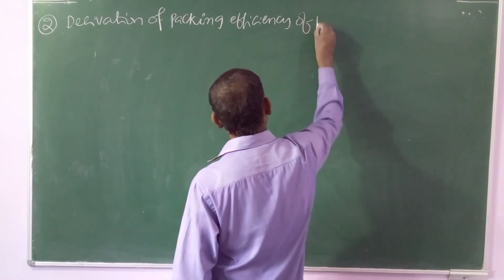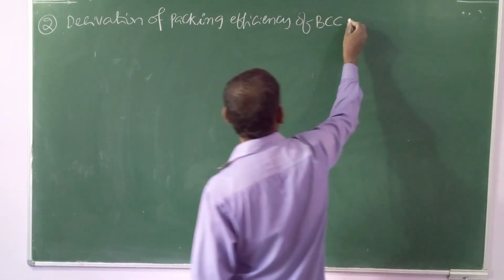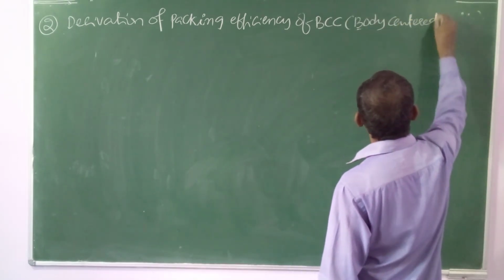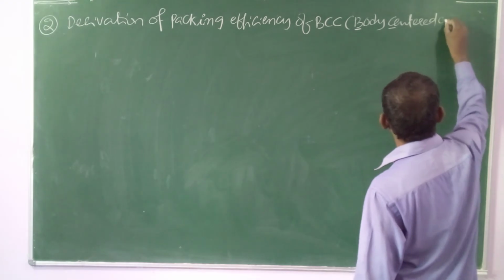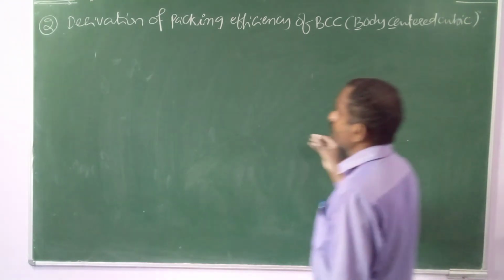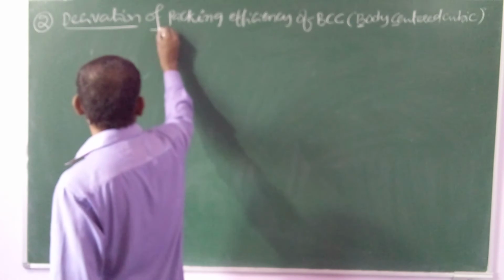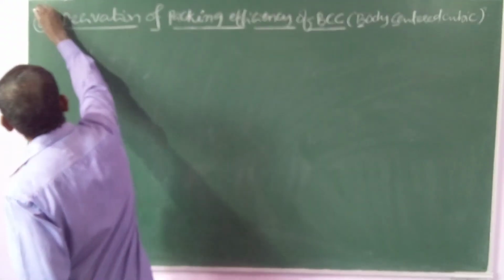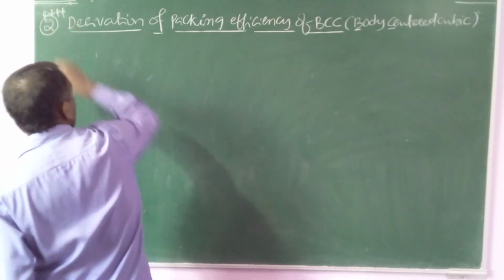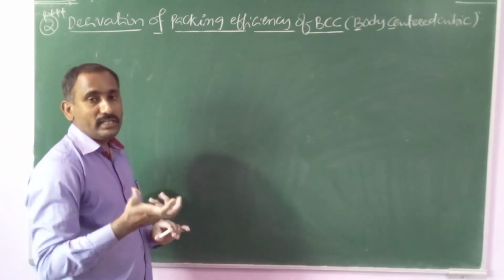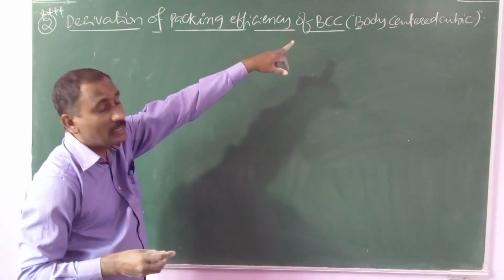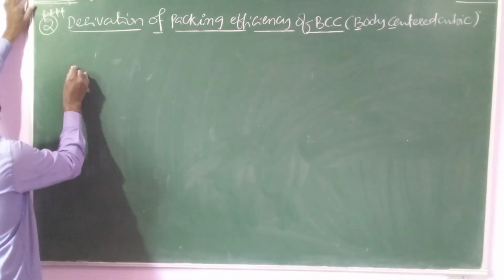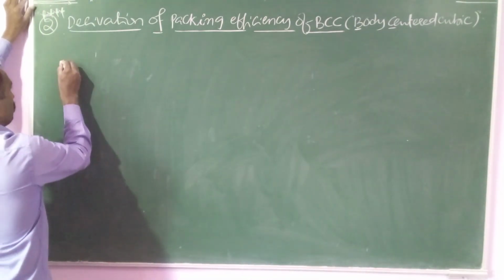BCC full form: body centered cubic lattice. This is also very, very important. Out of the 3, anyone they may ask. So before going through the derivation, first of all we have to draw the BCC structure. All these are cube shaped, so first of all we have to draw the cube.